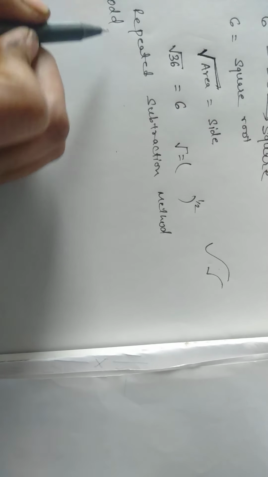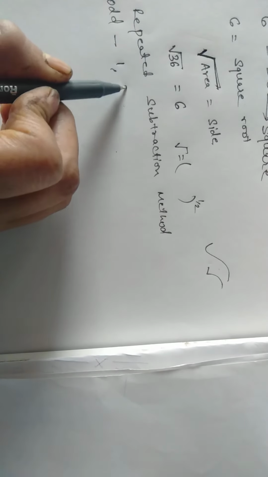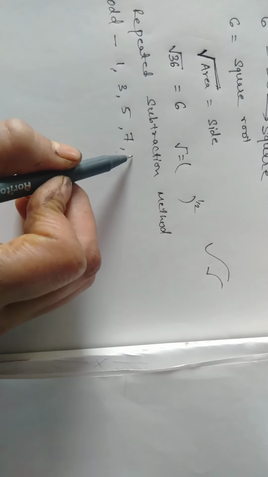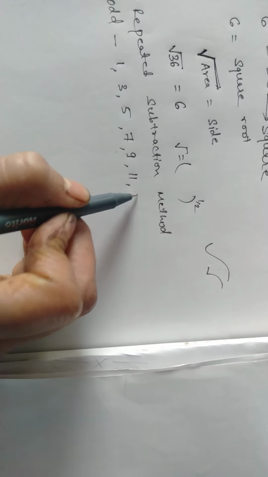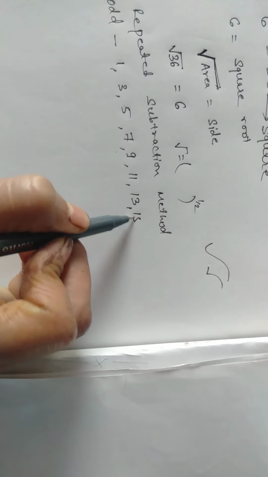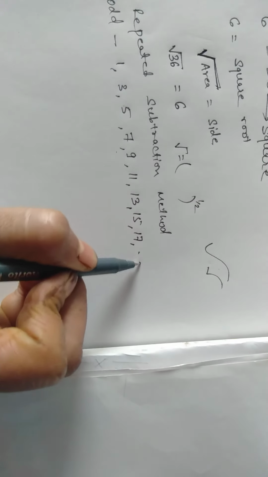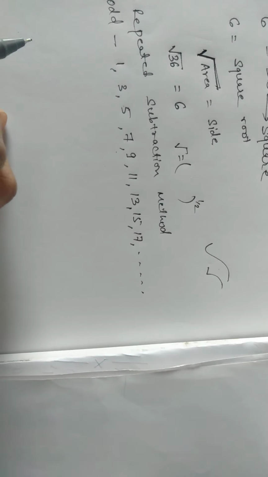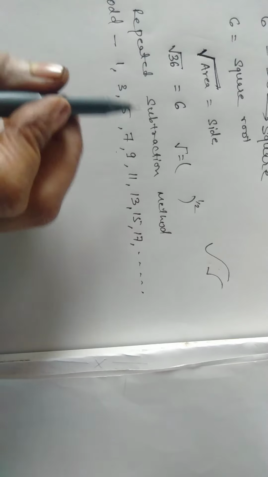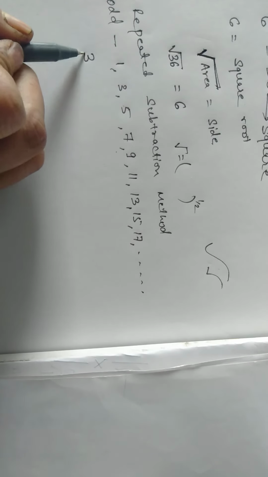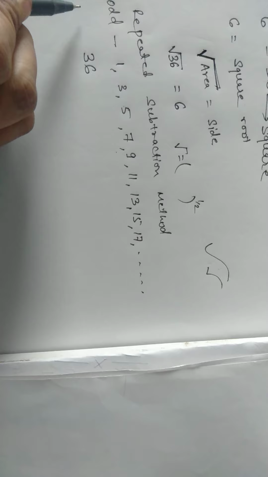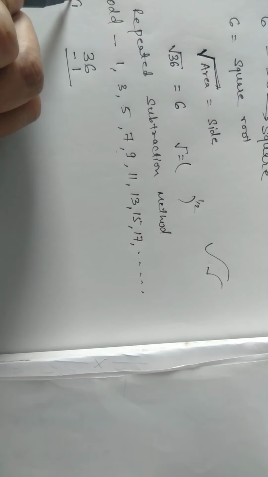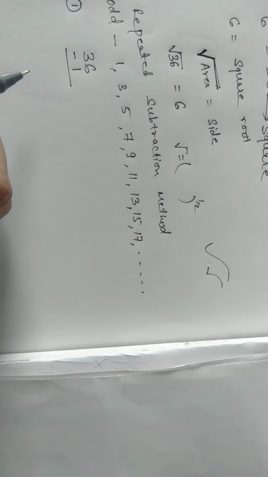The odd numbers are 1, 3, 5, 7, 9, 11, 13, 15, 17 and so on. So we have to subtract these odd numbers one by one. For example, let us take 36. From this we subtract 1, and this is the first step of subtraction.